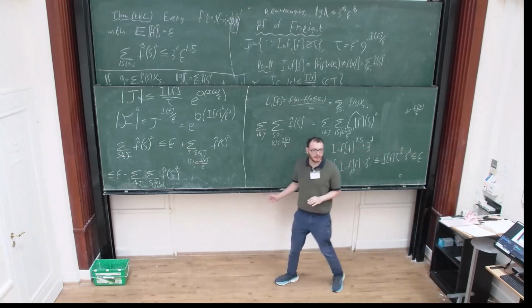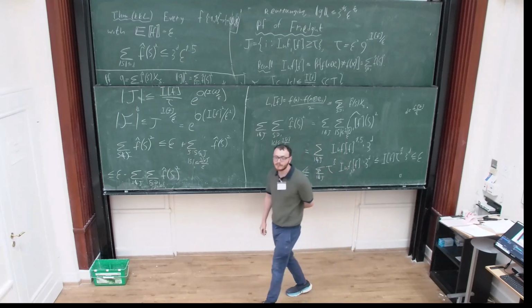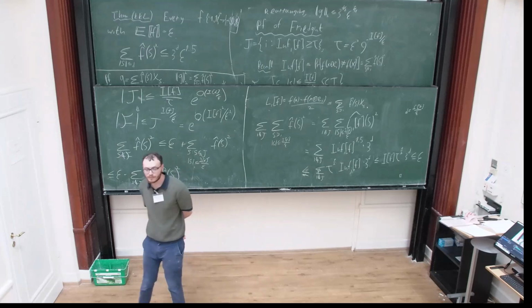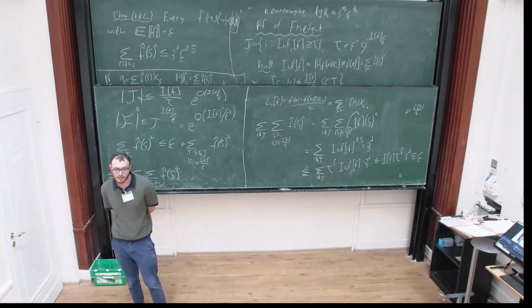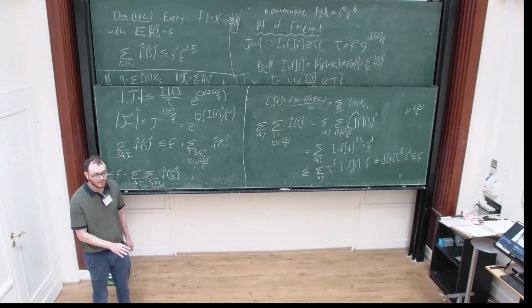So are there any questions? If you just want to approximate by a junta, then somehow this is not very efficient, right? You get your junta, but the size of J is exponential in influence over epsilon.